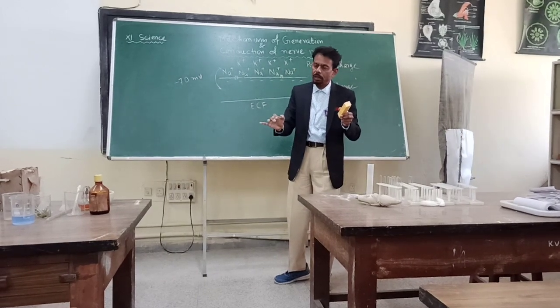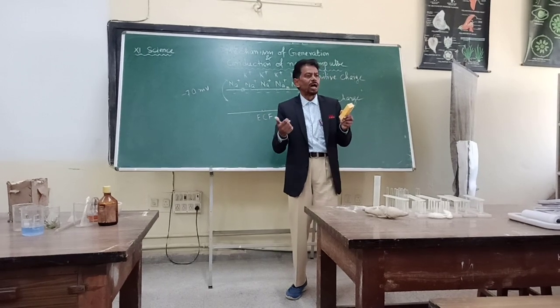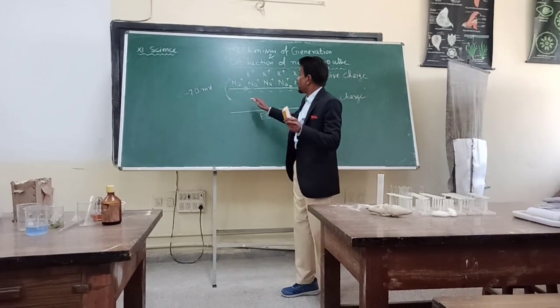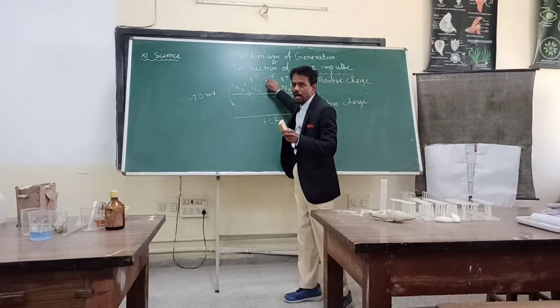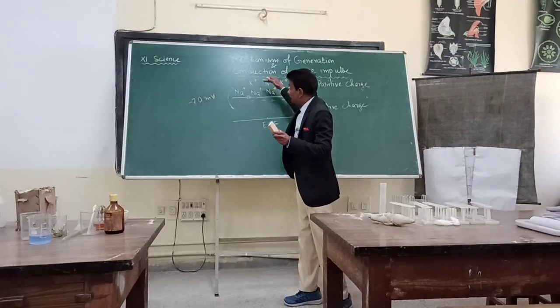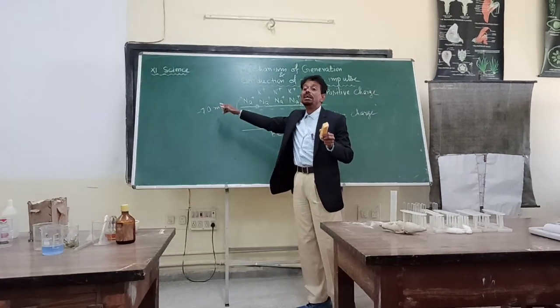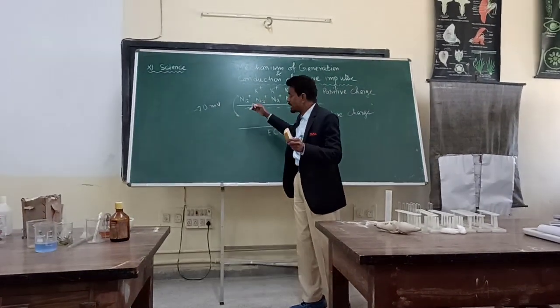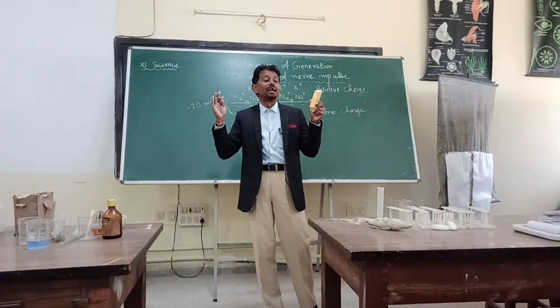As you know, due to potential difference, the charge starts flowing. This condition, with net positive charge outside and net negative charge inside, nearly 70 millivolt, is when the neurons are at rest.